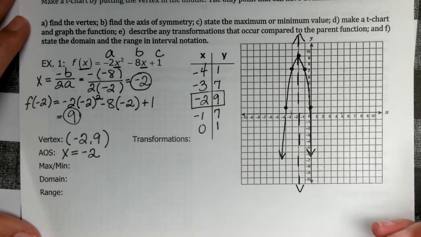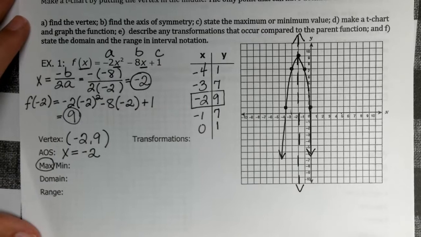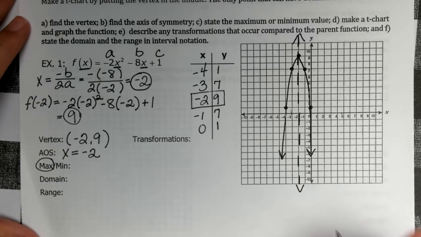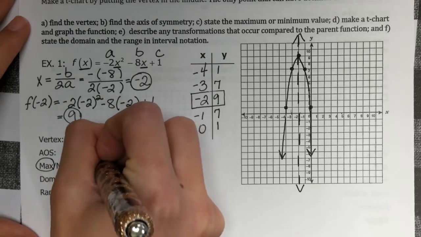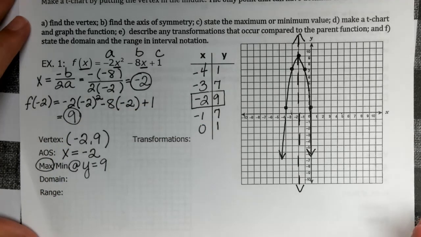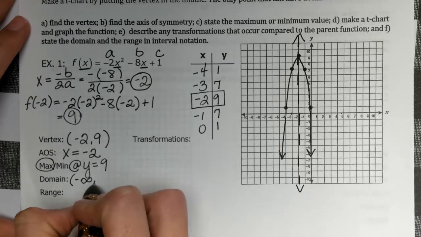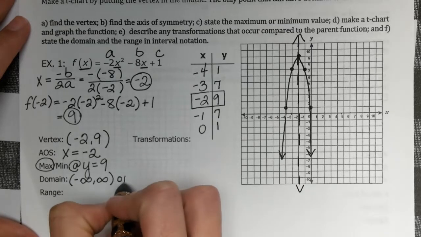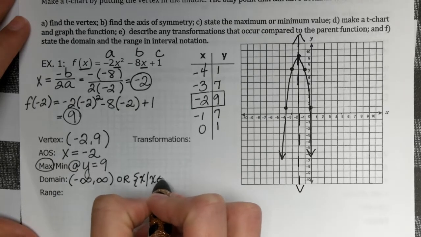Okay, now I can look at, do I have a max or a min? I have a max. Remember, you can circle it, but what else do you have to do there? You have to tell me the value. It's a max at y equals 9. What's my domain? Or if you used Set Builder, who uses Set Builder?